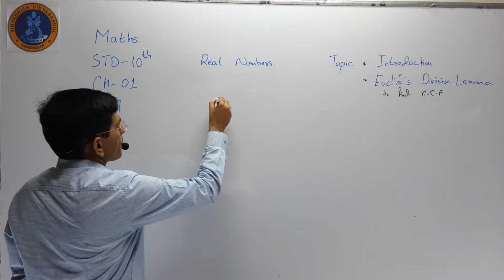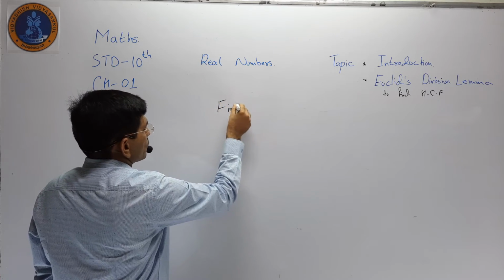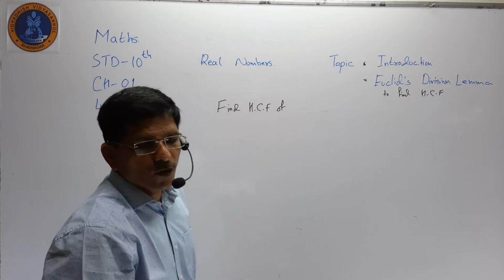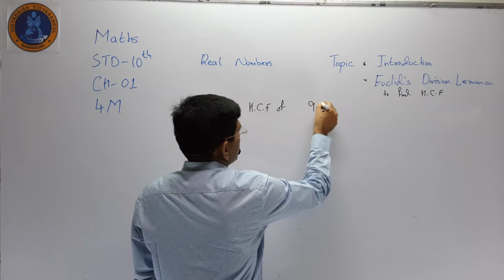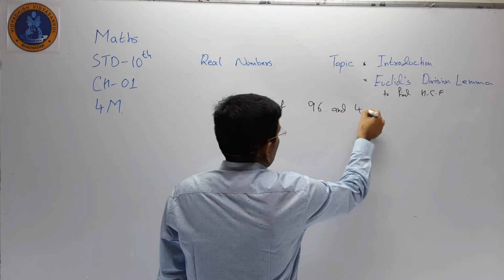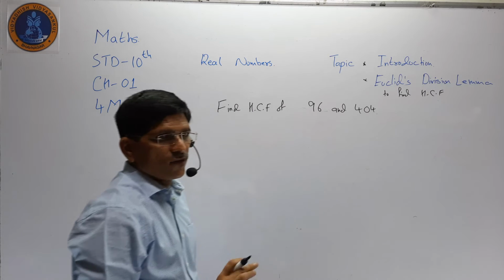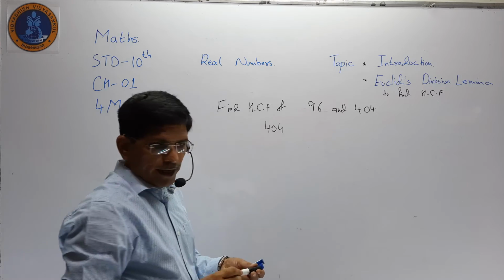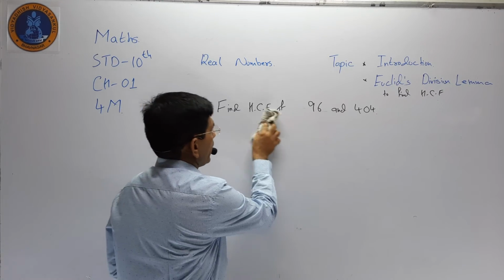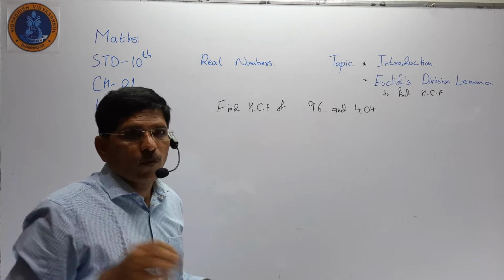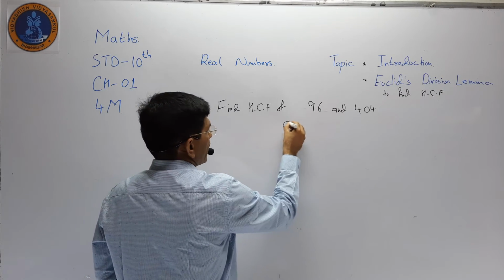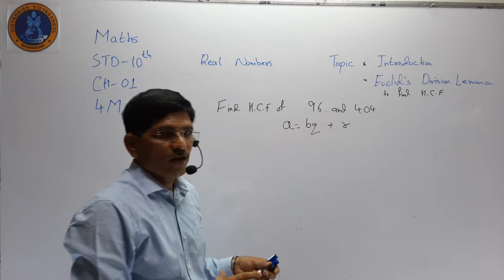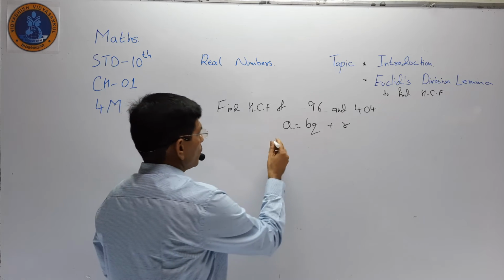Find the HCF of 96 and 404. What is the first step? First of all I have to write A is equal to BQ plus R. Now the first step is that I have to write 404.